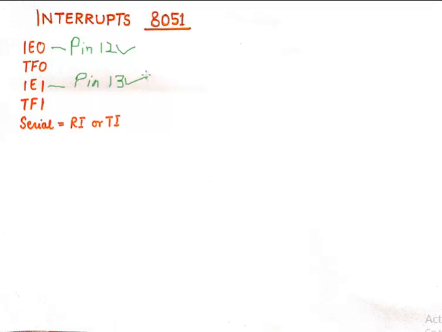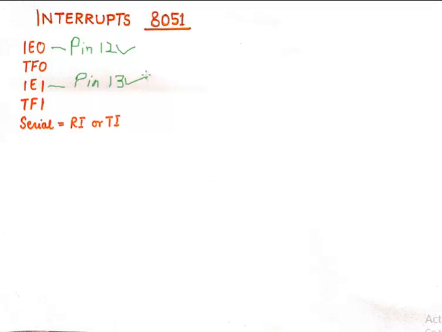That means if any device is connected at these two pins and it wants the microcontroller to stop its current functioning and service it, then it has to send an active low signal there.